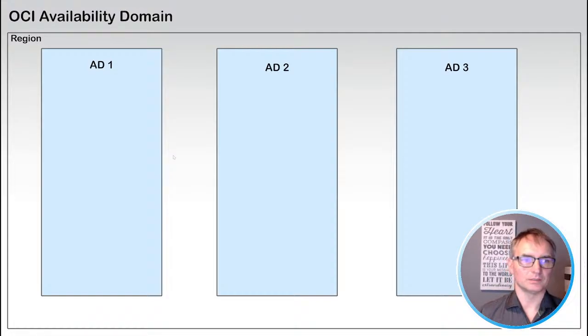Availability domain is the independent data center which is apart from the others in that region. Between those data centers, there is a high-speed network infrastructure which provides a very low latency in the communication between the equipment servers which are inside each availability domain.